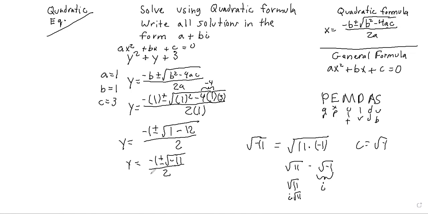We're going to put this answer in a plus bi format by replacing the square root of -11 with this i square root of 11. So it's going to be y equals -1 plus or minus i square root of 11 over 2. And this is our answer. This is in a plus bi format.